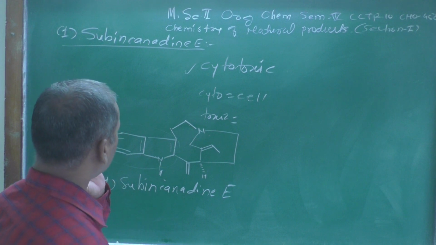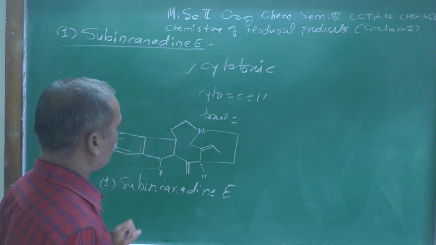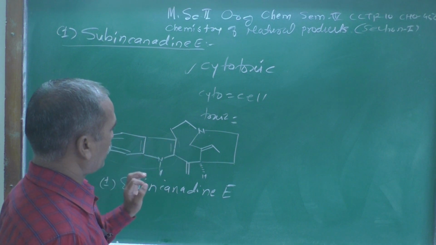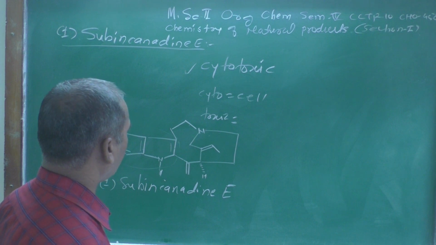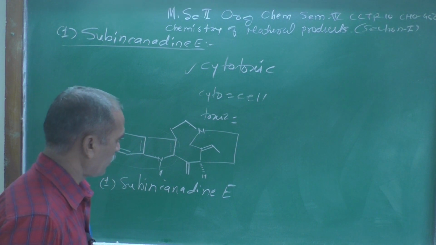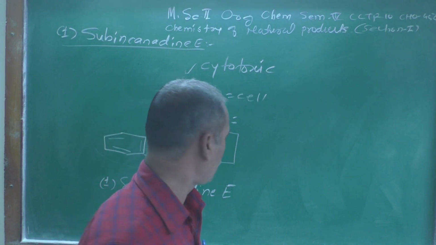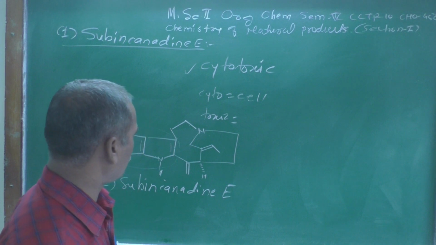Another thing, this is an aromatic compound, or this is an indole moiety. Now this is a big ring, and this is again a 6-membered ring. Two are 6-membered rings, one 5-membered ring, and one is a big, 9-membered ring. And what functional groups can you observe over there?